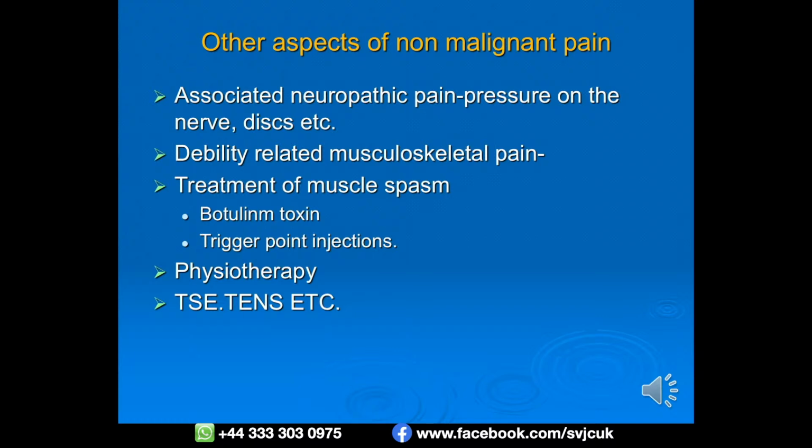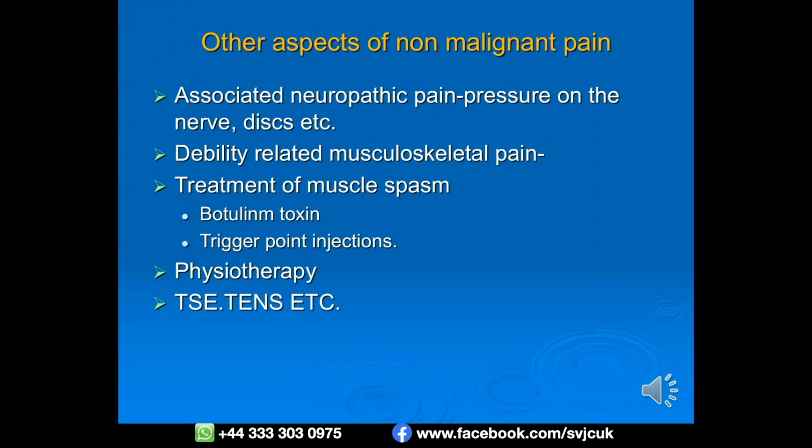But what is also important is that there are other aspects associated with cancer pain, which could be because of non-malignant pain, such as neuropathic pain due to pressure on the nerves and discs, which can be associated.